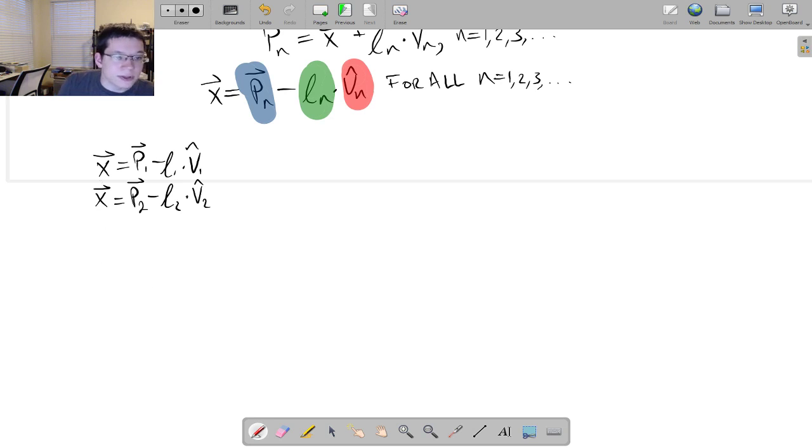All I am doing is writing in some extra vector stuff, but that should be fine. So now, since they're equal, just like we would with y equals mx plus b, we're going to set these two equations equal. So we've got p1 minus L1 times v1 hat equal to p2 minus L2 times v2 hat.